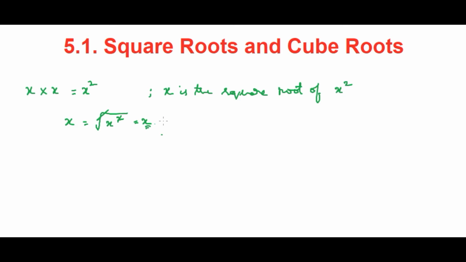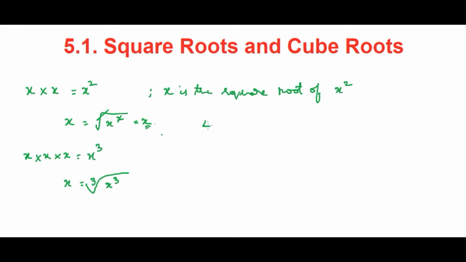Okay. Similarly, there is one more concept called cube root. Cube root means the same thing. If x is multiplied thrice, then that will be x cube, and cube root of x cube is x. Very simple concept. Let me give one example for each of these two things.